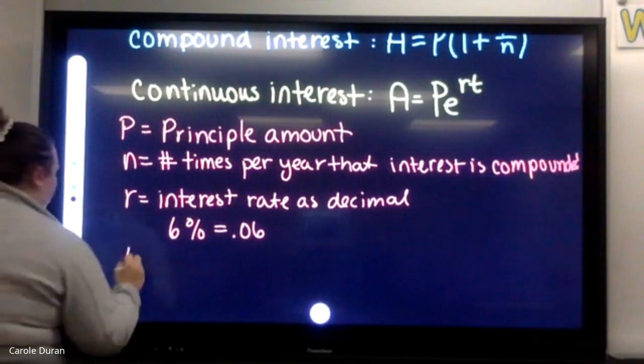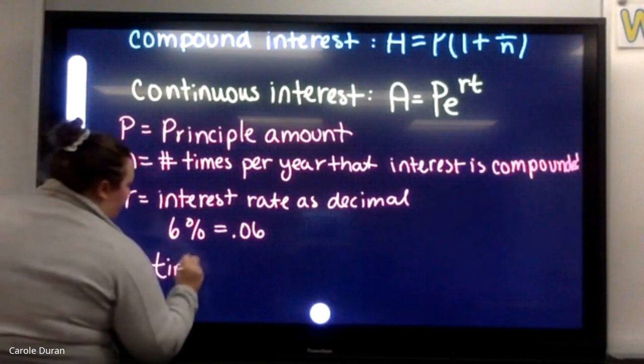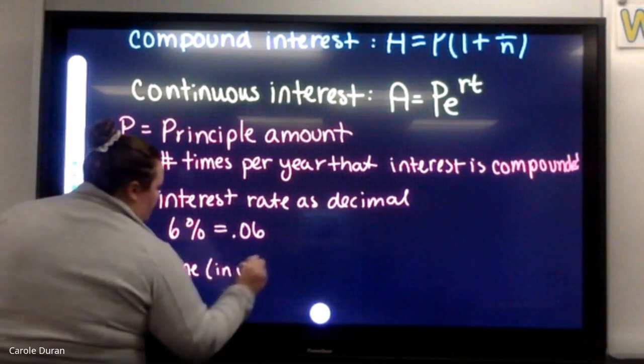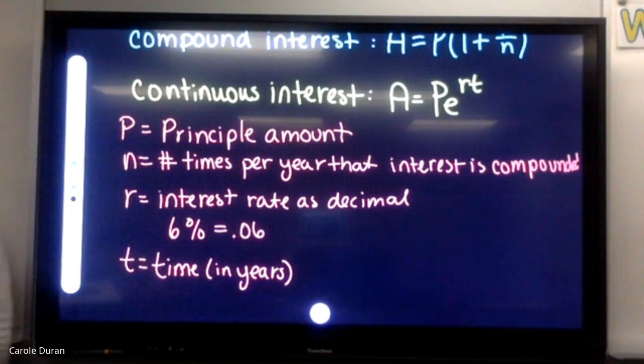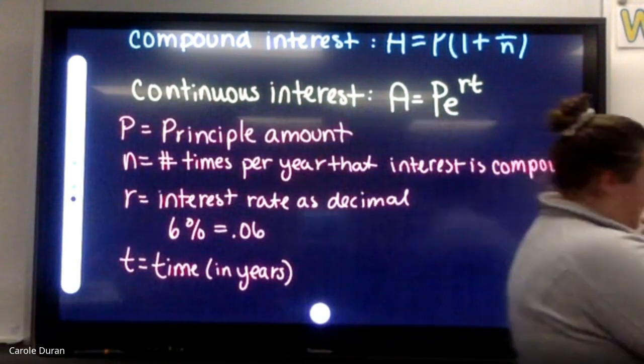And then T is the time in years that we're calculating. These are all the same no matter if we are compounding continuously or at certain intervals throughout the year.